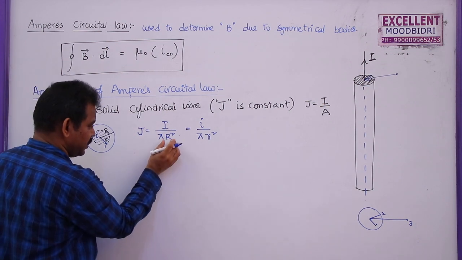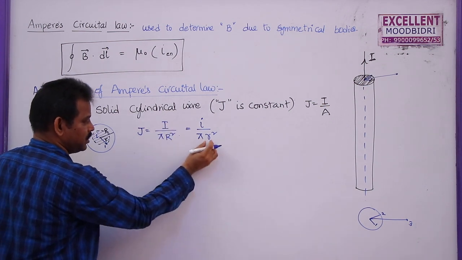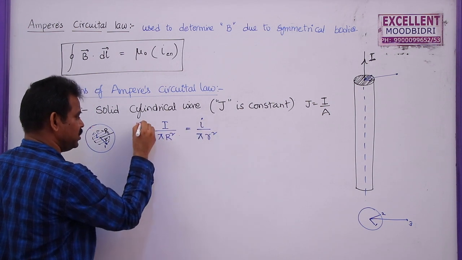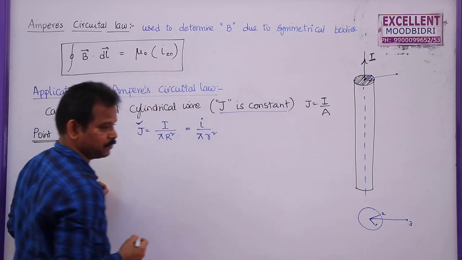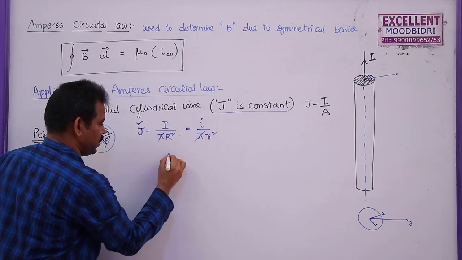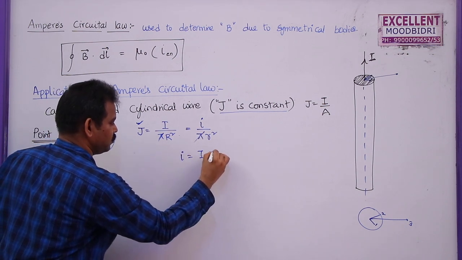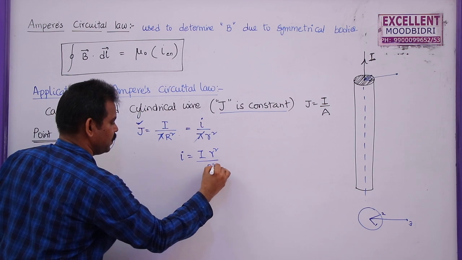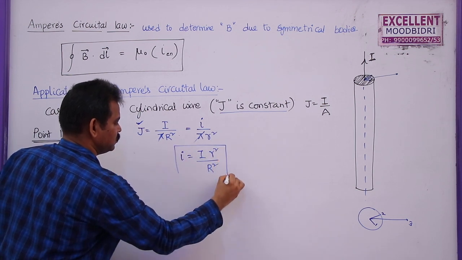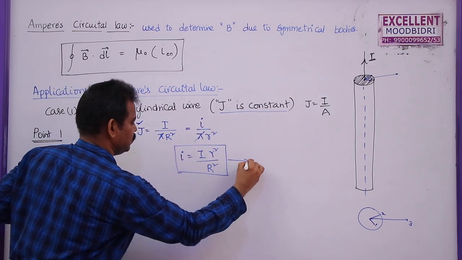Here, as the radius is more, this current is more. As the radius is less, this current is less. Why? Because J is constant. That is given in the problem itself. So we can cancel this pi and pi. You can write the small i as capital I into small r square by capital R square. So this is equation 1.